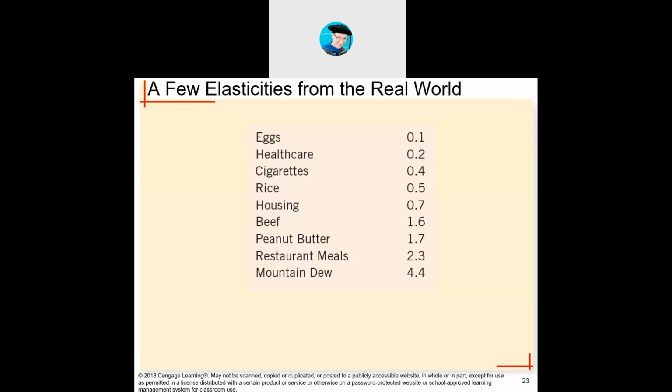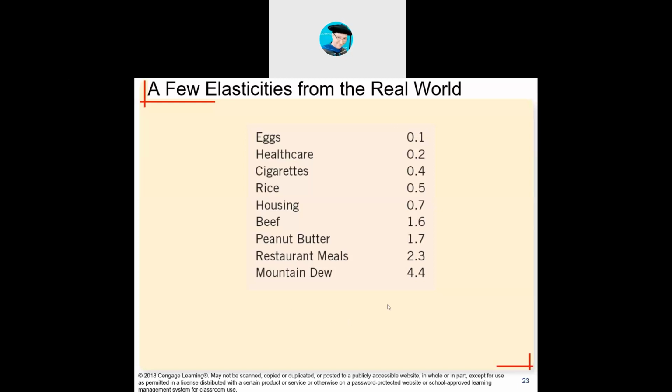Peanut butter, 1.7. You can substitute that for jelly or whatever. Restaurant meals, high elasticity, 2.3. Mountain Dew, 4.4. So the more luxury goods have very high elasticity. Things that are necessities have very low elasticity.